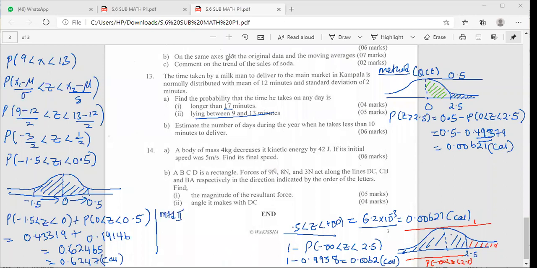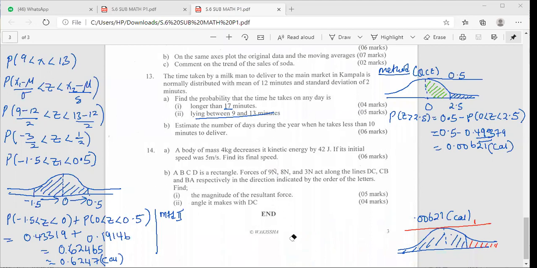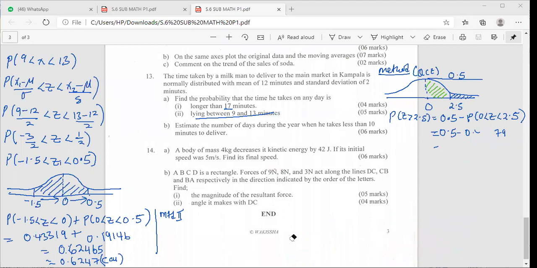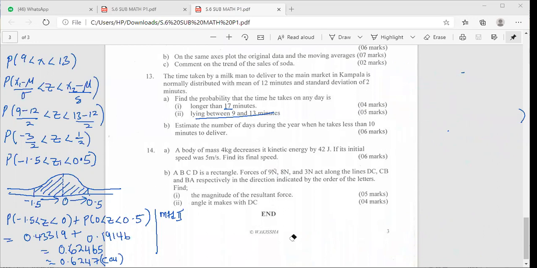We are going to check out method 2. Now for method 2 and 3, both of these ones require subtraction. The bigger probability minus the smaller probability. And how are we going to go about it?